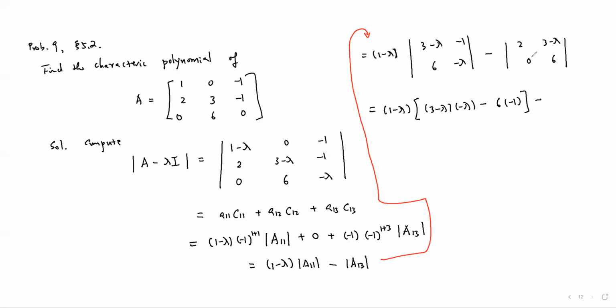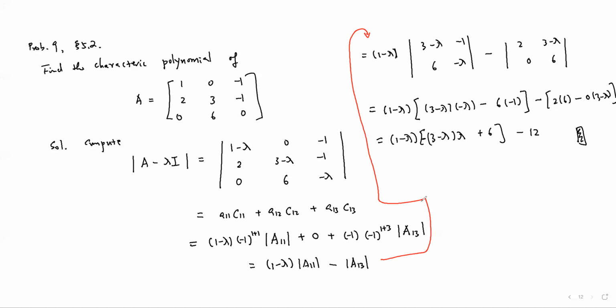Here, 2 times 6 minus 0 times 3 minus lambda. So here it is 3 minus lambda, negative. Let me put negative here, then plus 6, then minus the second term, 12. Done. You don't need to simplify your result. You can stop here.